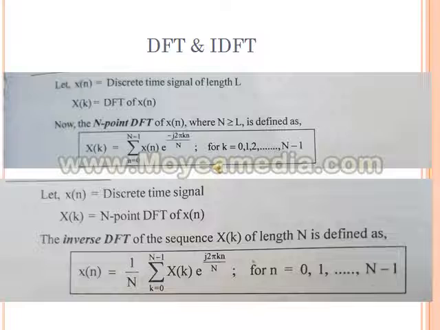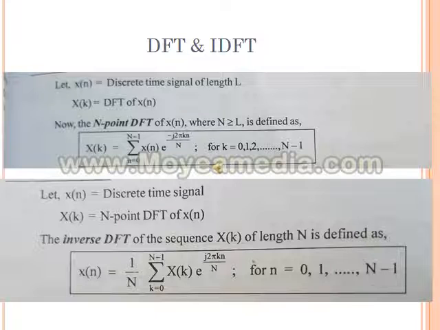So the advantage of DFT is that when we take the DFT, the resultant signal is also discrete in nature, having N distinct points, and such signals can be directly fed to digital systems for further processing.